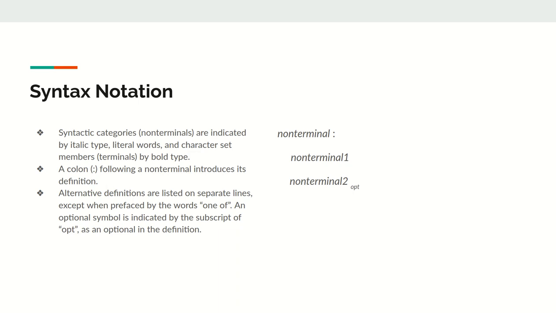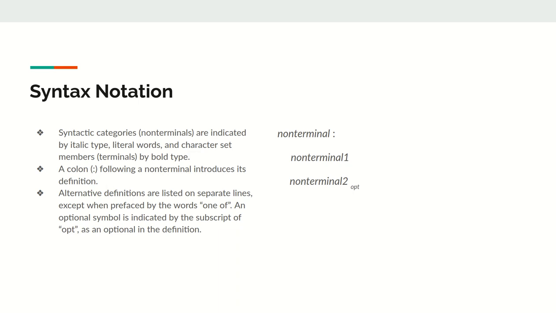So as part of the specification, non-terminals are indicated with italic type, and terminals, which are character set members, are represented in bold type. A colon following a non-terminal introduces its definition. So it will place one colon after a non-terminal for the definition of that particular non-terminal. So this is the syntax notation.